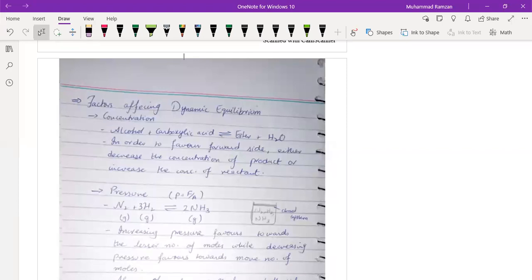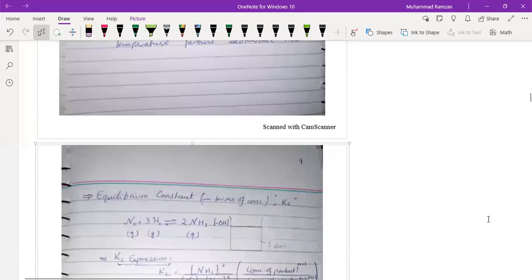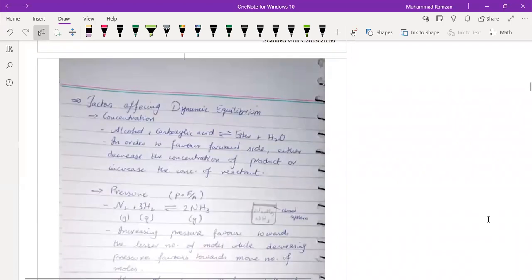What about pressure? If you increase pressure, it will favor the side with fewer moles of gas, and if you decrease the pressure, it will favor the side with more moles of gas. Good.